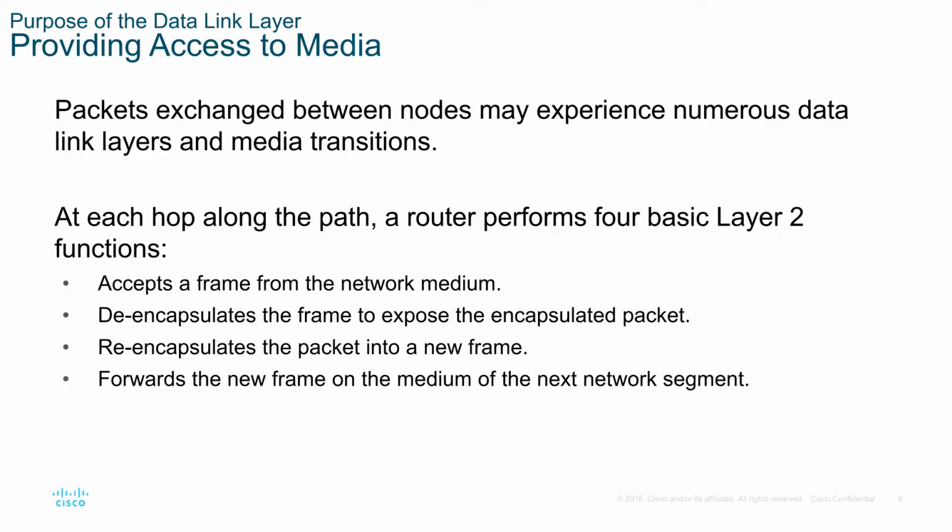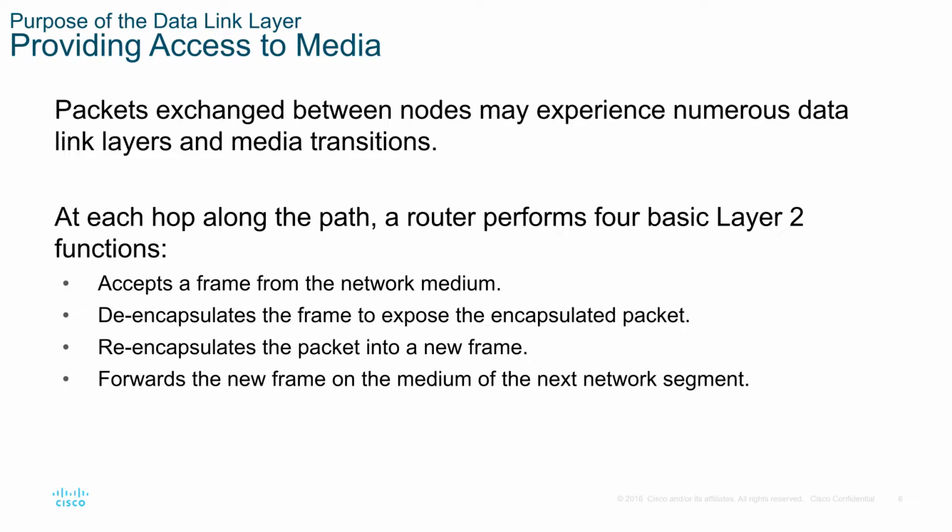So there are many different types of media that the data may pass through going from end to end. The data link layer is the layer that is responsible for putting it into a format that the particular outgoing media can understand. At each hop along the path, a router performs four basic layer 2 functions.